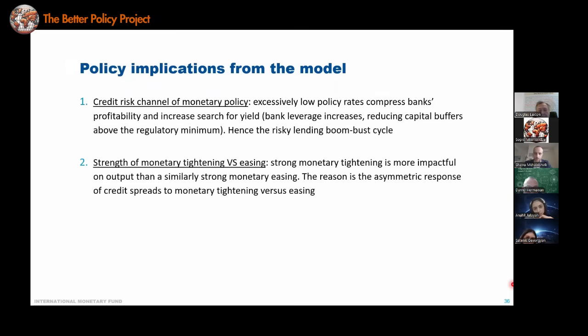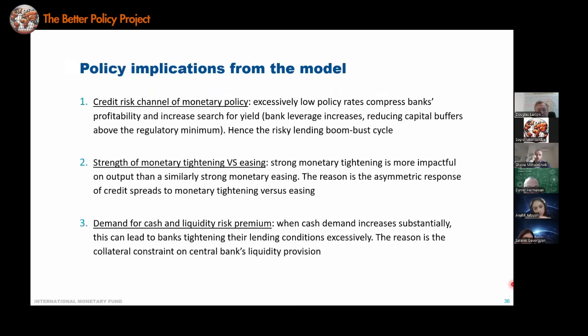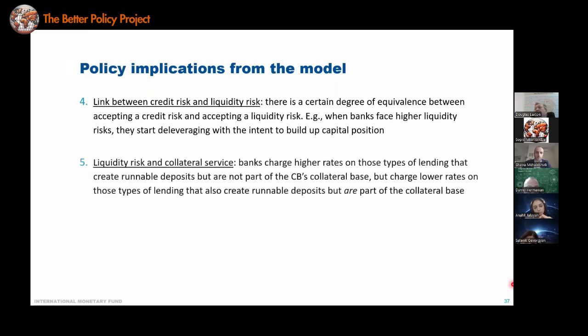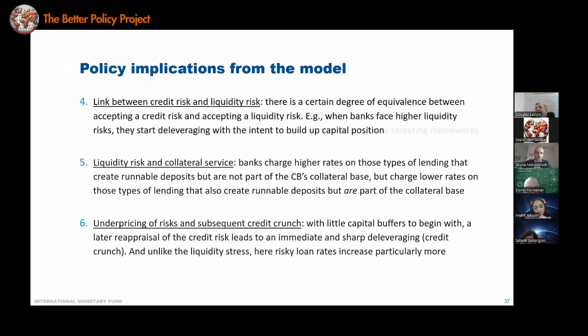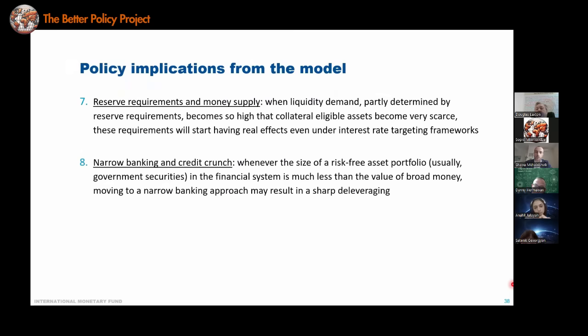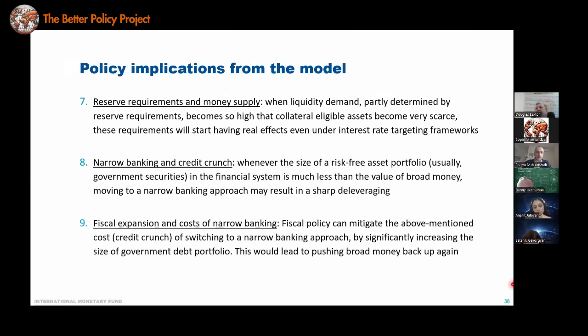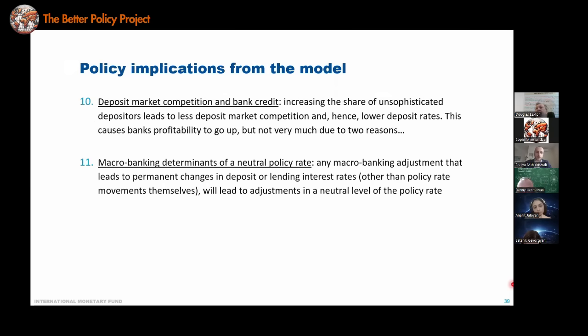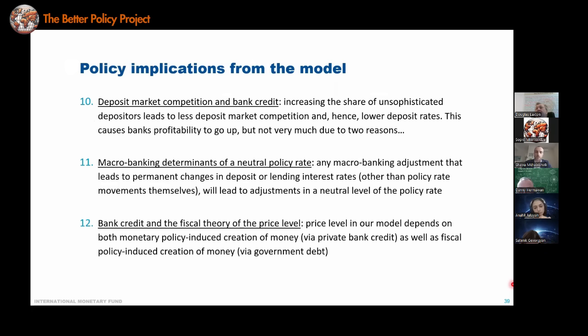So I will skip those things, but we can go through them during the Q&A session if there are any questions. These range from what kind of credit risk channel the model has, what is the importance of liquidity risk, also the underpricing of risk and the resulting credit crunch, whether reserve requirements matter in interest rate targeting frameworks, what is the cost of narrow banking, and how much deposit market competition can affect bank intermediation and therefore money creation.